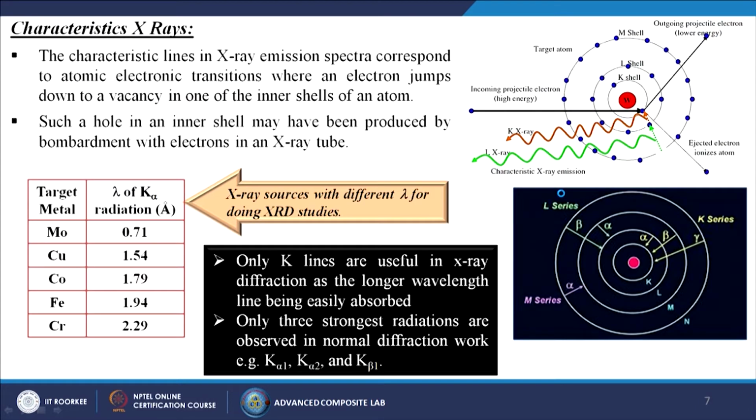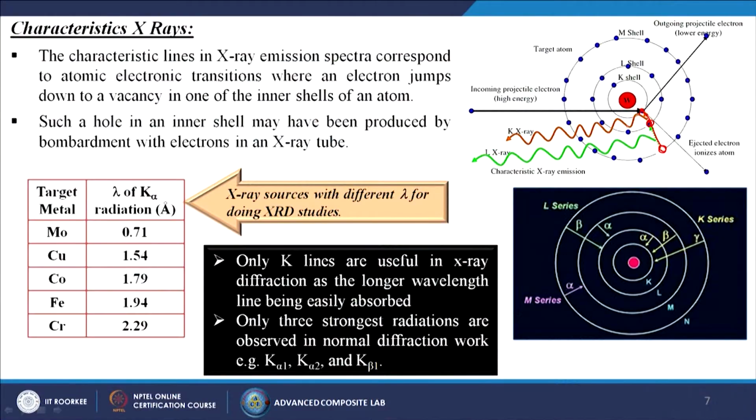Now, characteristic X-rays. The characteristic lines in X-ray emission spectra correspond to atomic electronic transitions where an electron jumps down to a vacancy in one of the inner shells of an atom. From this particular case you can see that it starts with the M shell, then jumps to the L shell, and then to the K shell itself. So the electron is jumping from one shell to another.